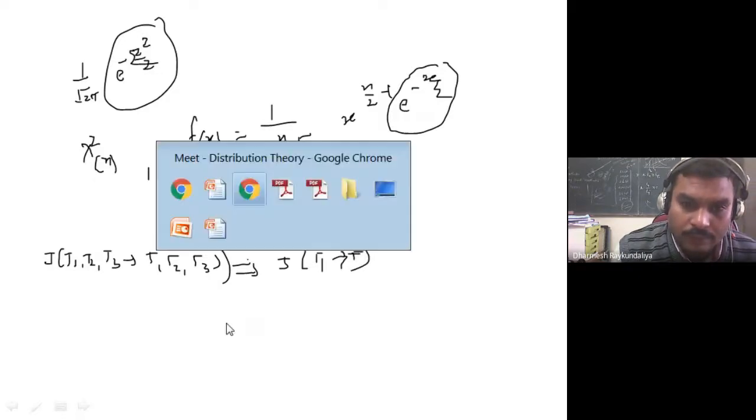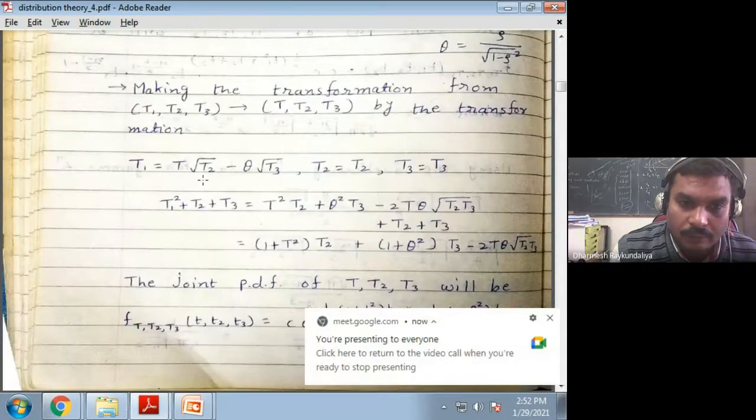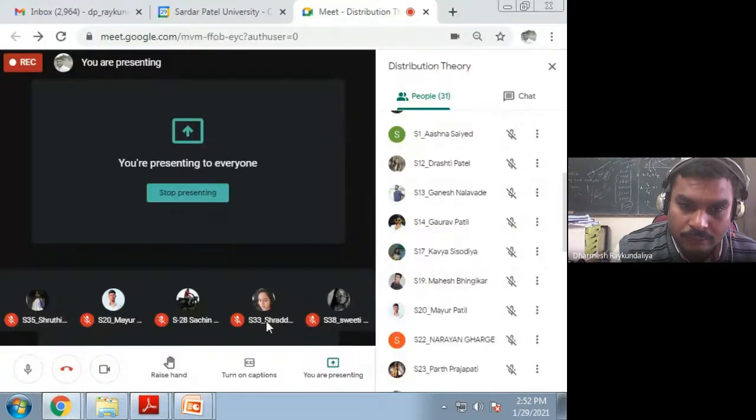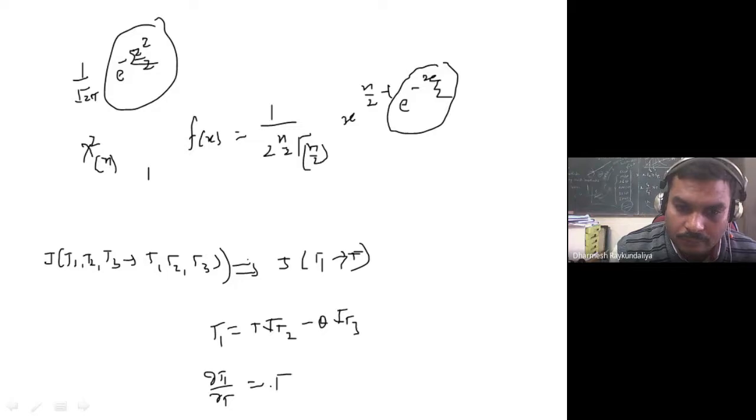So what is the t1? t1 is t root t2 minus theta root t3. So when we take t1 to t, what is the derivative of t1 with respect to t? It is only root t2, and this is 0.